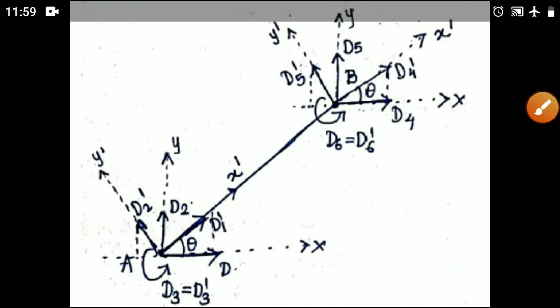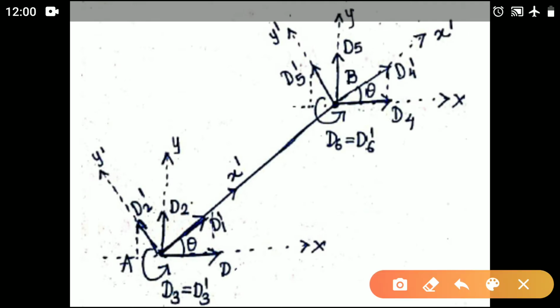Now the next thing is to show the 6 degrees of freedom in both coordinate directions, local and global. First we will show at A the local degrees of freedom, which are in local direction.